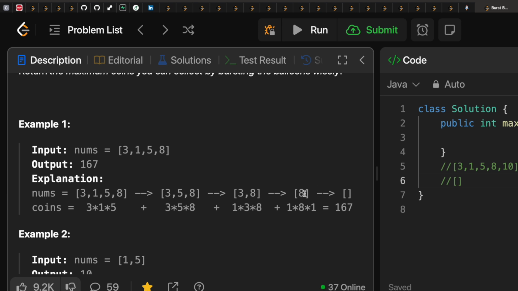And as we are bursting 8 at the last, it will have nothing on its left and nothing on its right, so we are taking 1 as the value on the left and the right.